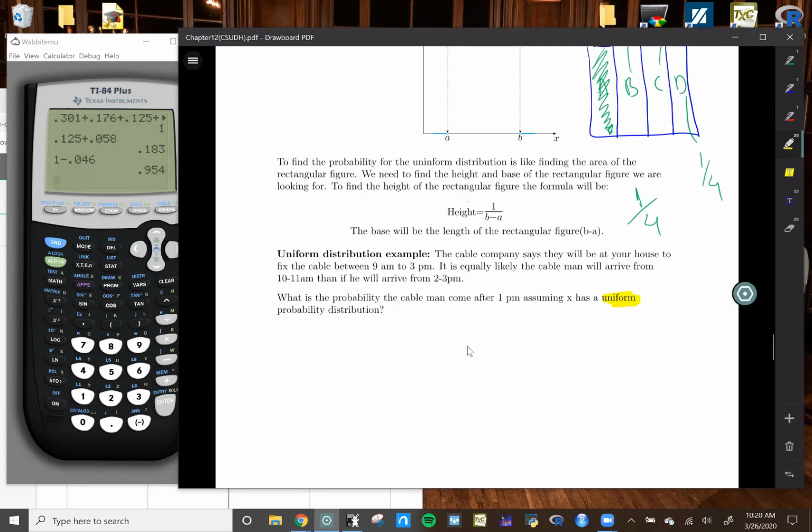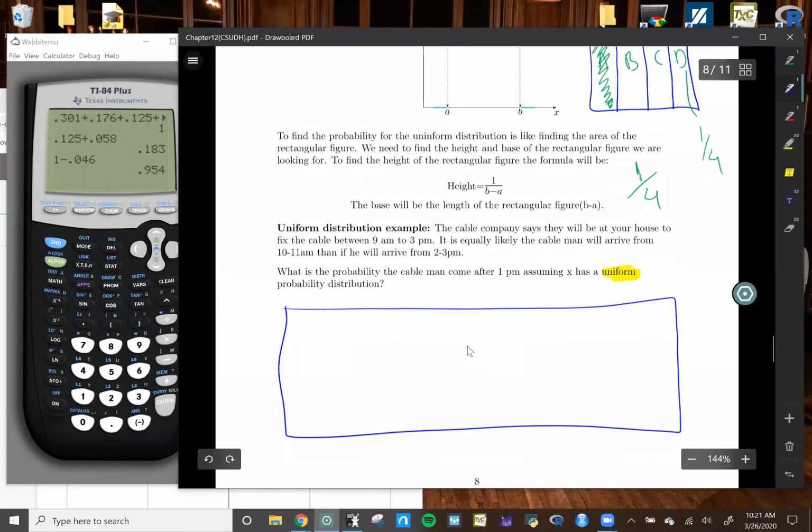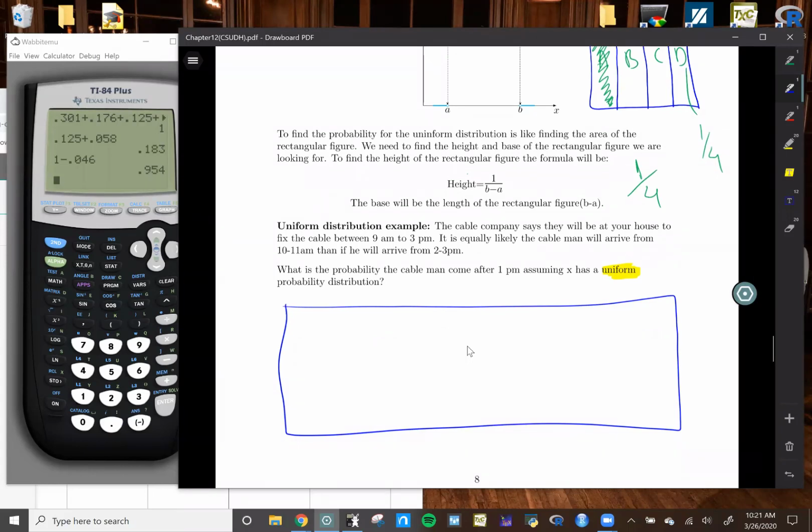If I don't, there's another way to find the probability. But this only works if I tell you it's uniform. Everybody good with that? All right. So we're going to draw a box. What's the earliest time that the cable guy could arrive?